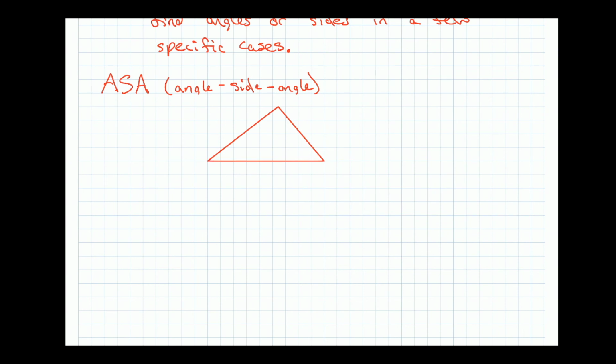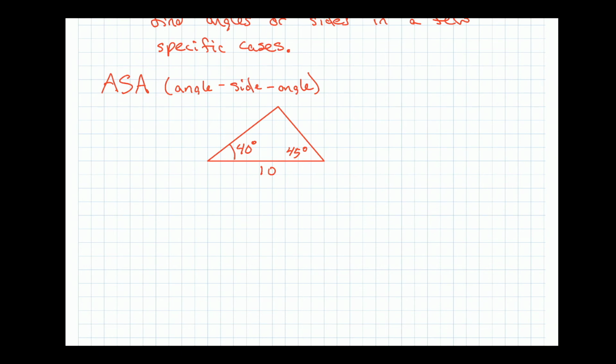So when you say angle, side, angle, what that would be is something like this. Let's say that I know that this is 40 degrees, and I know that this side is 10, and let's say I know this angle is 45 degrees. That would be an angle, side, angle, because you have an angle, a side, and then an angle in that order. Okay, so that's just an example of one.